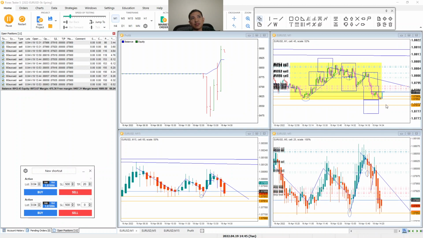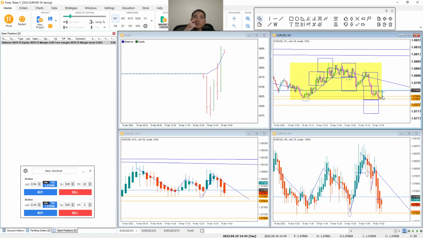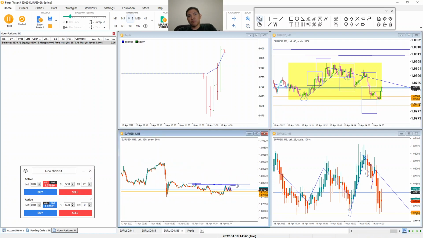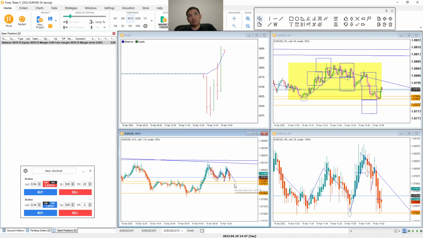So this is where we would just close out. And the buys are coming back into the market right here. So we'll wait for a little bit of pullback and then start adding the buys. But there it goes.